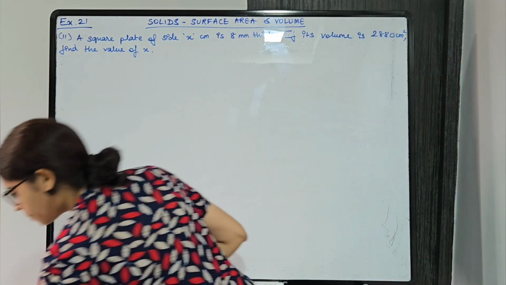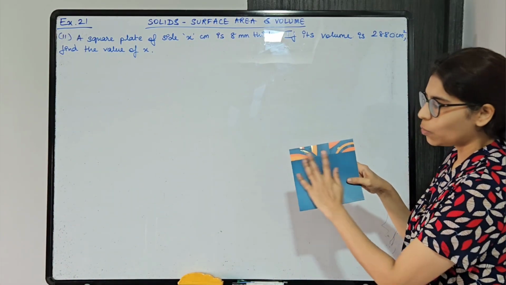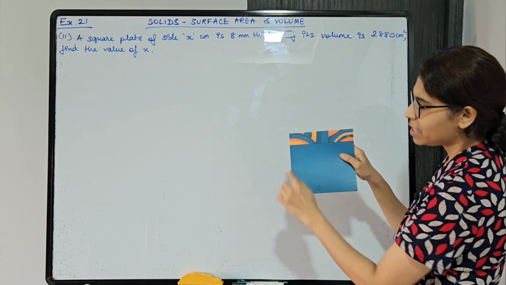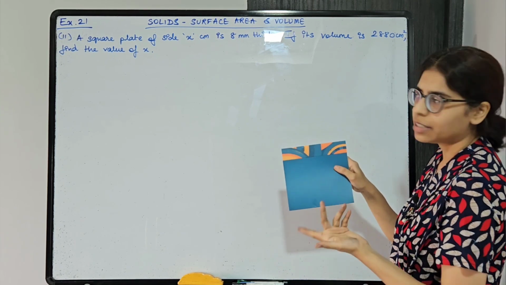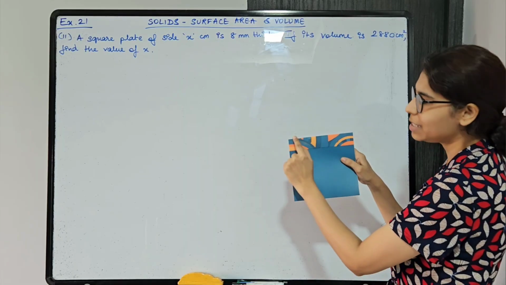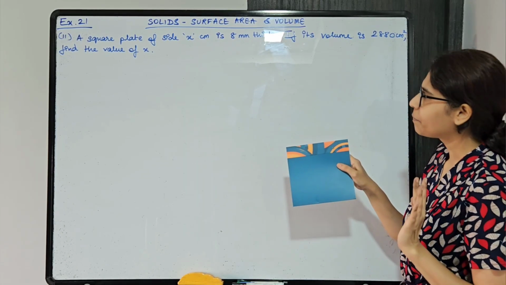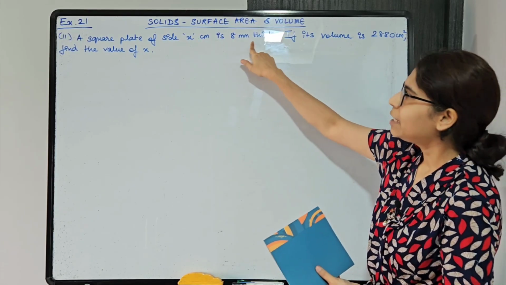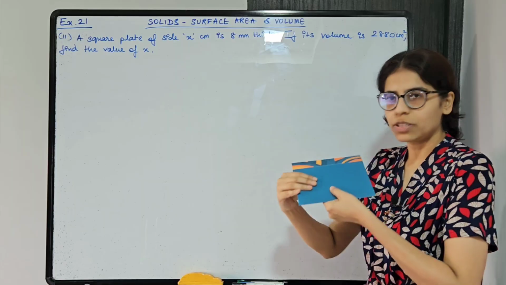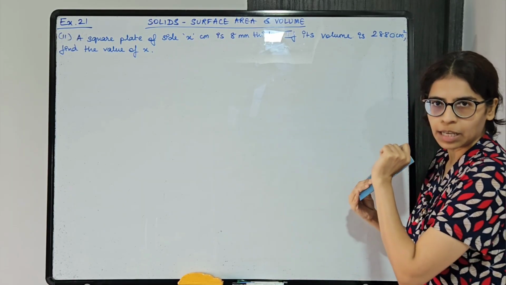So let's say that this is the square plate, okay, this is the square plate. So each side is x centimeter, right? The square plate has side x centimeter, so this is x centimeter, this is x, this is x, this is x, ठीक है। and it is 8 mm thick, it has some thickness, ठीक है। so this plate has some thickness, this thickness is 8 mm.